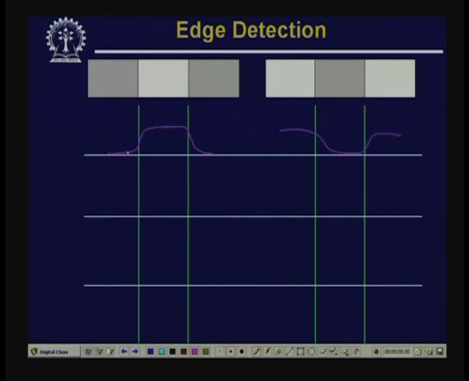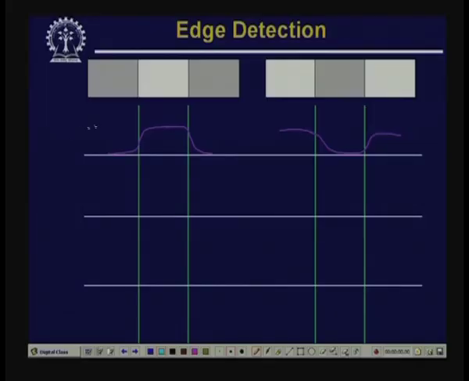Here we have modeled this transition as a gradual transition, not an abrupt one. The reason is that, because of quantization and sampling, almost all abrupt transitions in intensity levels are converted to such gradual transitions. So, this is your intensity profile along a horizontal scan line.